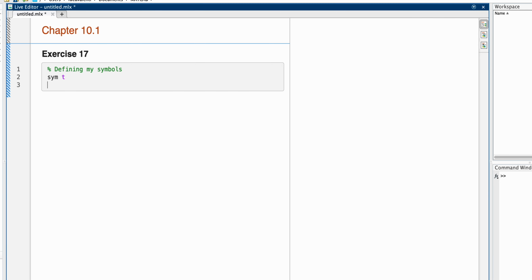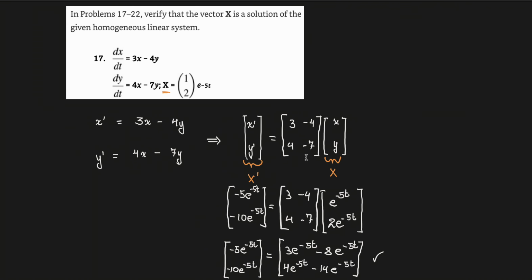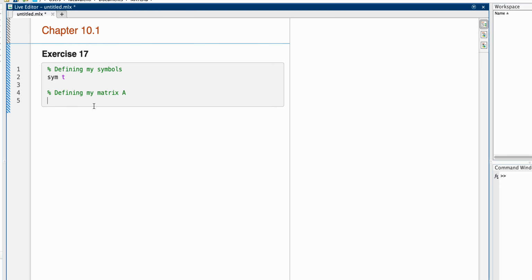Well, we have that t, right? Now we're going to define my matrix A. Now remember that matrix A was the matrix that was right here, the coefficient matrix. So how do you define a matrix in MATLAB?